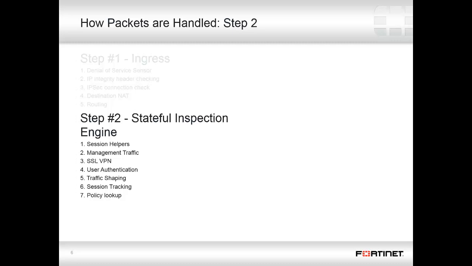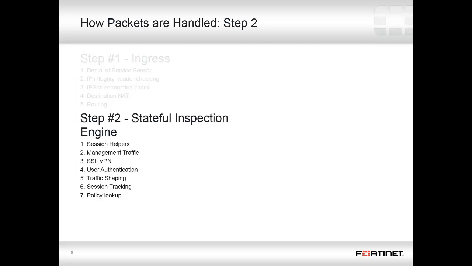After that, we get to step 2, which is the stateful inspection engine. The first thing to kick in here are the session helpers. We'll be talking a little later about what exactly those are. After that, the unit checks to see if this is management traffic for the unit itself. Next, we move on to SSL VPN check, assuming that it has been enabled.